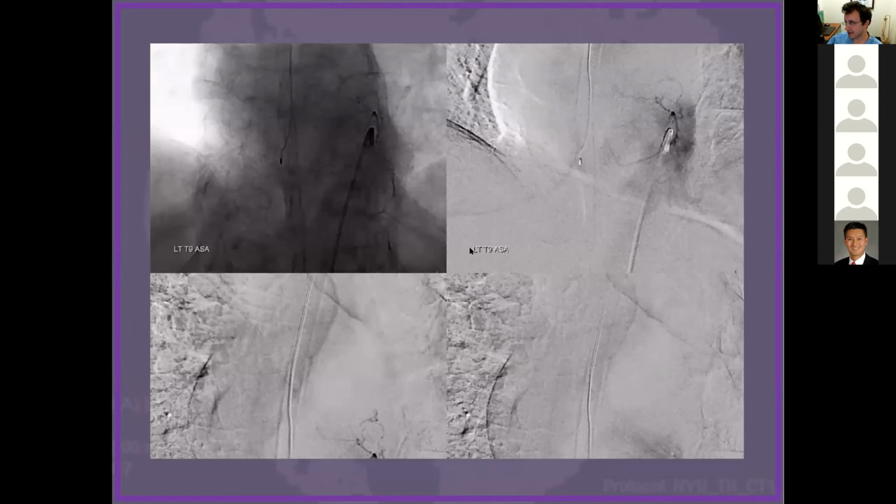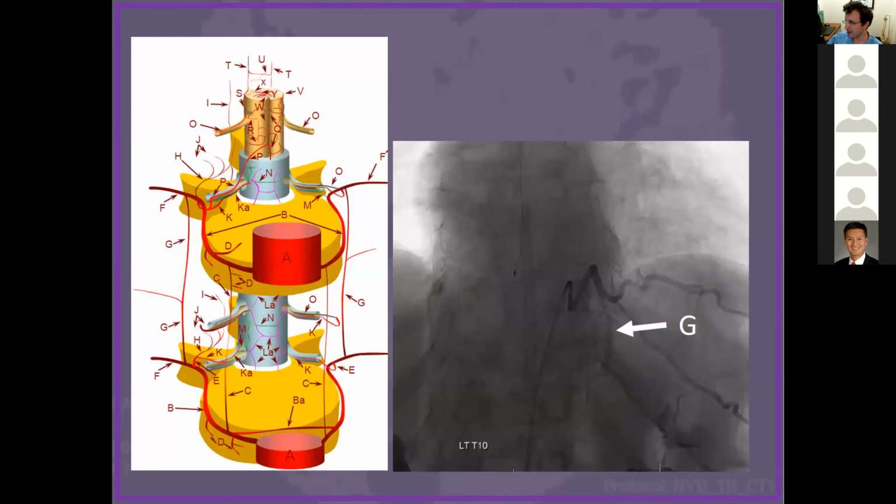And the interesting thing about that is that left T9 is one of the levels. Remember, there was a left T10 segmental injection supplying the left T10 intercostal artery, as well as the left T9 and left T11. Just because it supplies the left T9 intercostal artery doesn't mean that's all there is to it. Because that G, if you go back here, this vessel is located distal to all of that. So essentially, the anastomosis is like this.